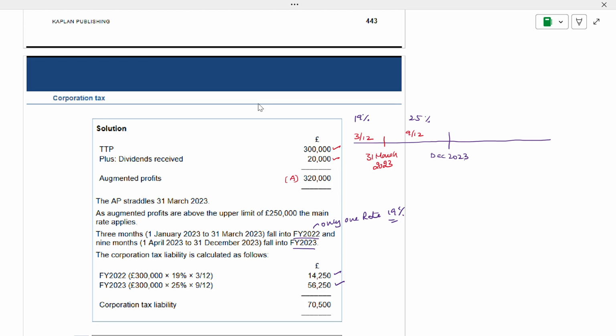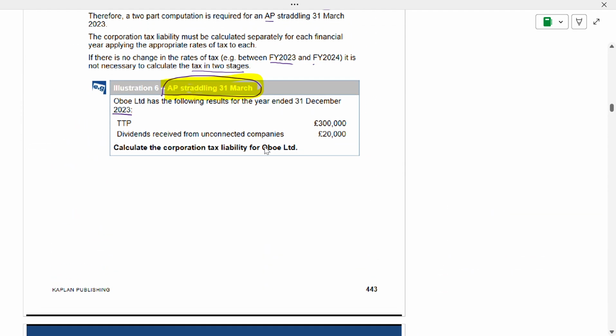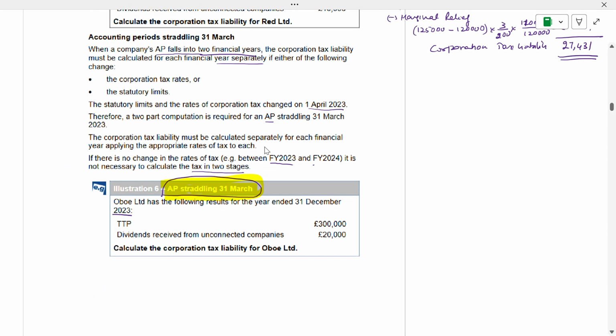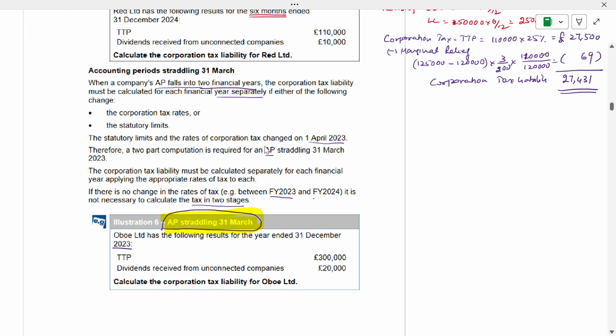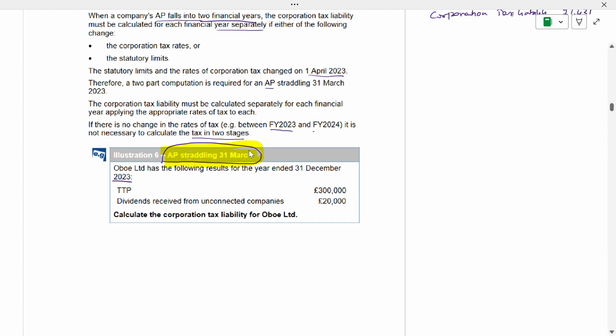But we are calculating only 9 months, right? 1st April to 31st December. We have distributed the profits under two different segments. The profits which come in 2022 we will calculate at 19%, and the profits which come in the next 9 months of 2023 we will calculate at 25%.